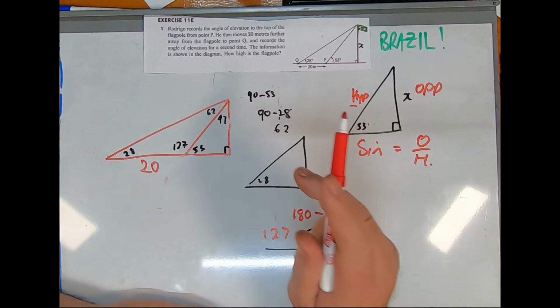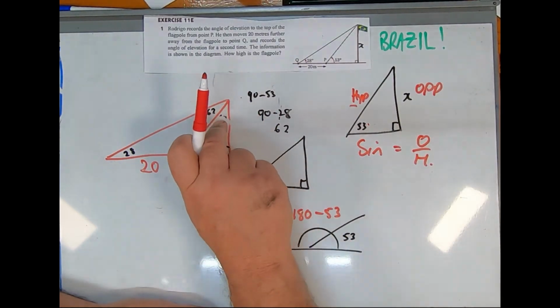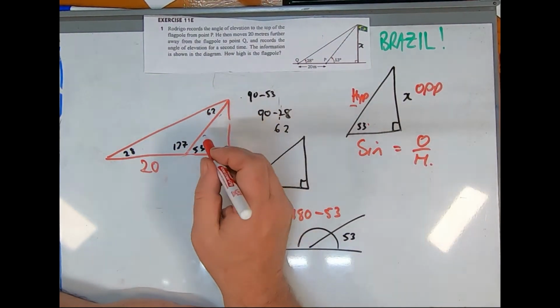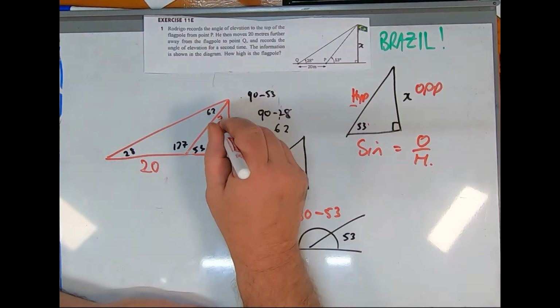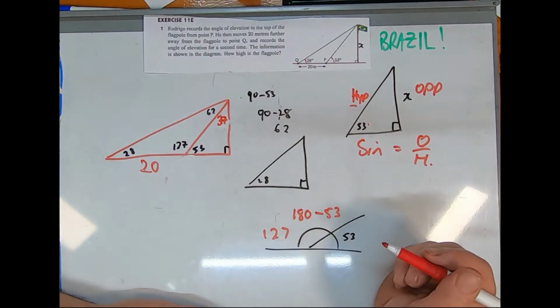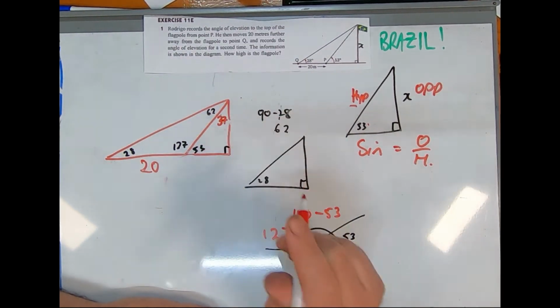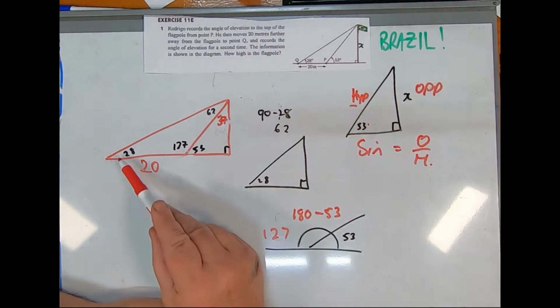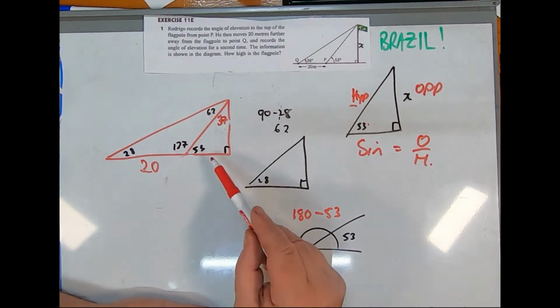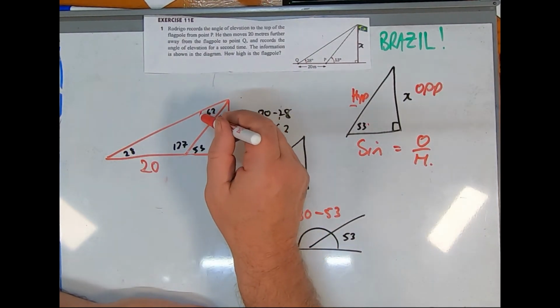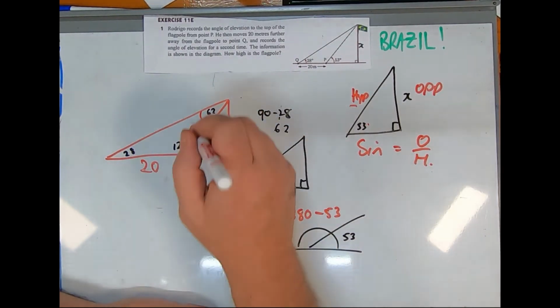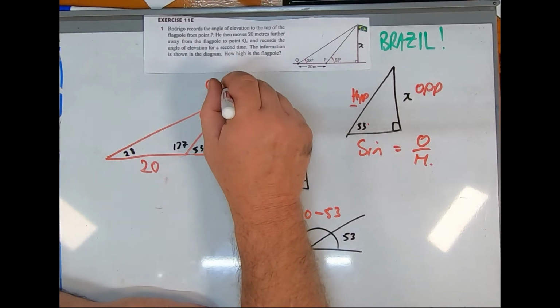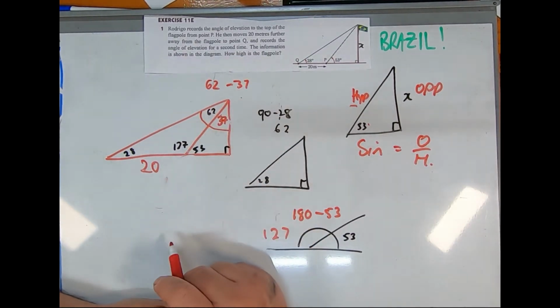So 53 and 37 makes 90. Cool. 90 take 28 means this whole angle is 62. So it's all 62. What is it after I take away the 37?